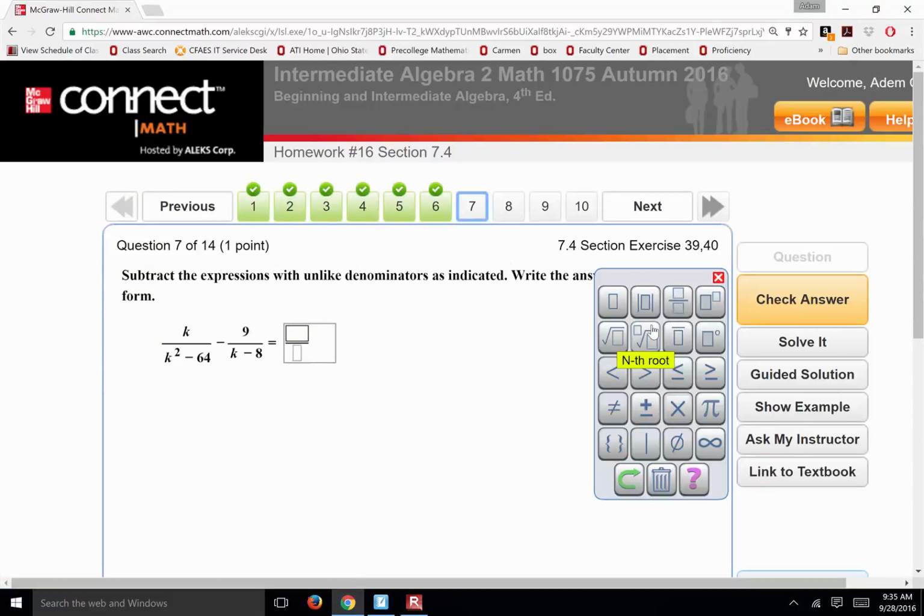Again, start with a fraction. Now, put it down.